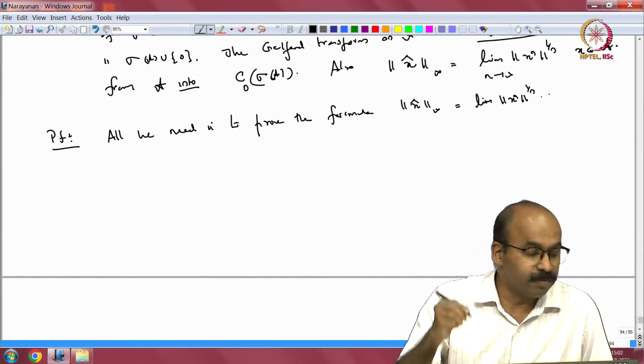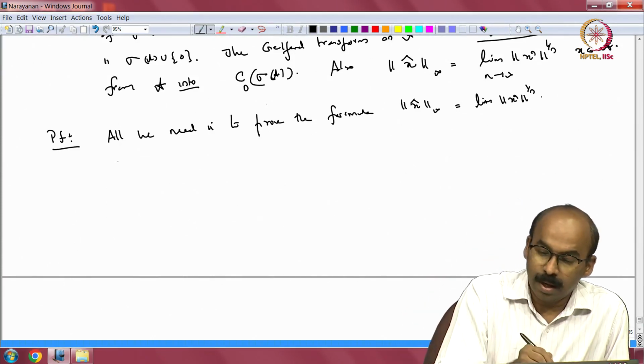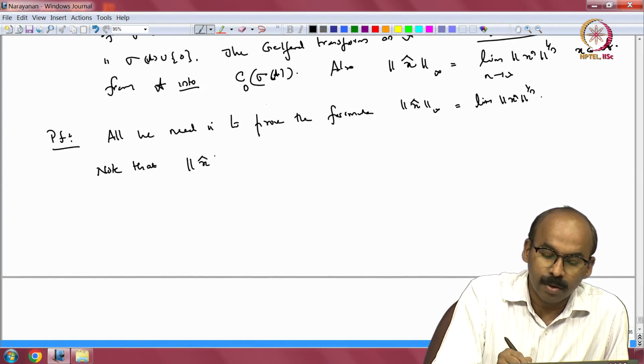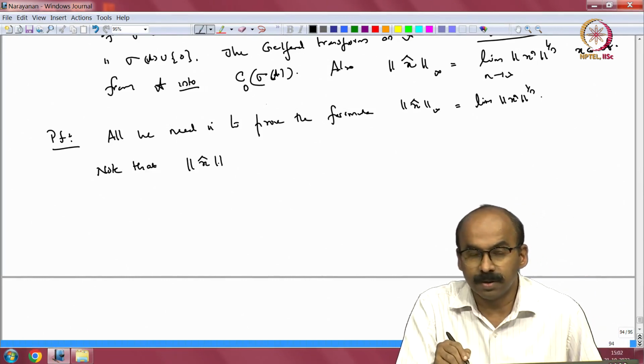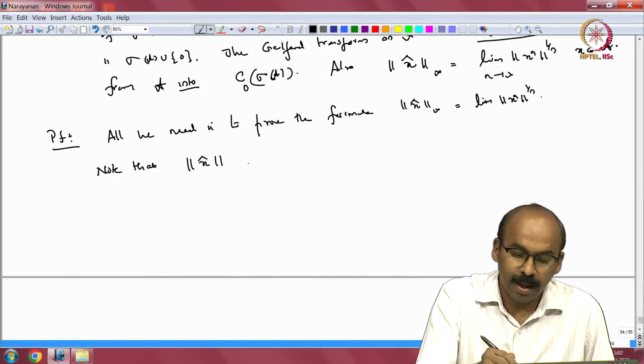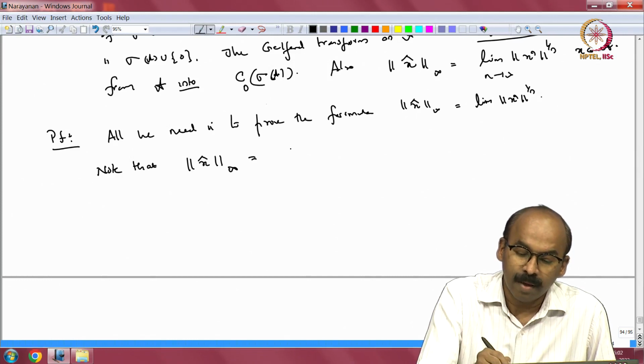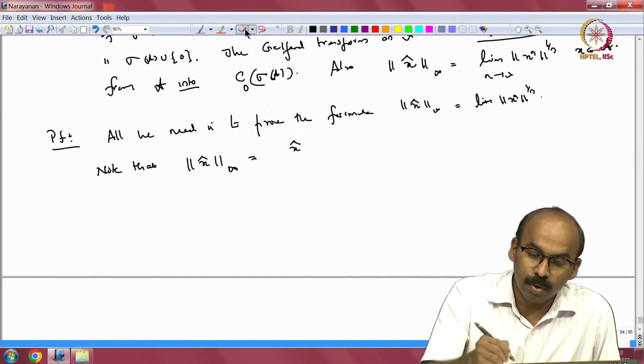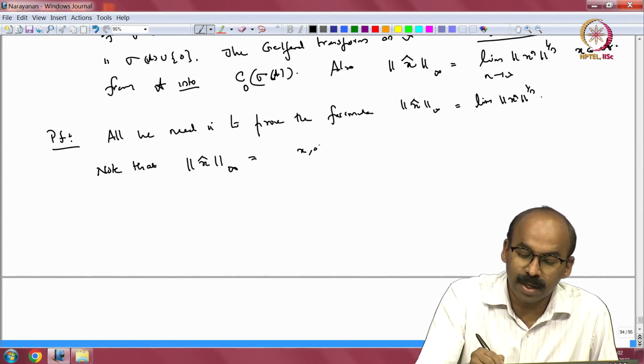Okay. But this follows immediately. So, note that this is easy. Okay. So, note that you look at the Gelfand transform of x, x in A, and look at the supremum norm. Well, this is the same as: you go to the unital case. So, you look at x 0 hat.